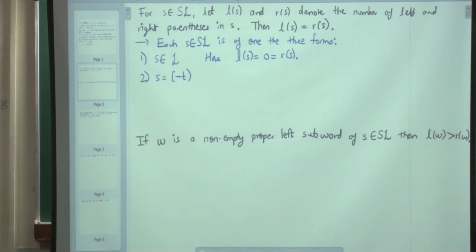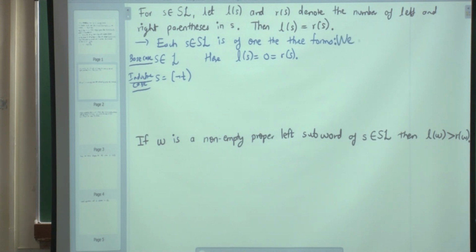So S is equal to this. Let's say this is our base case. Maybe I should change the order. I should say that this is my base case, and then the inductive case, one of the 3 forms.